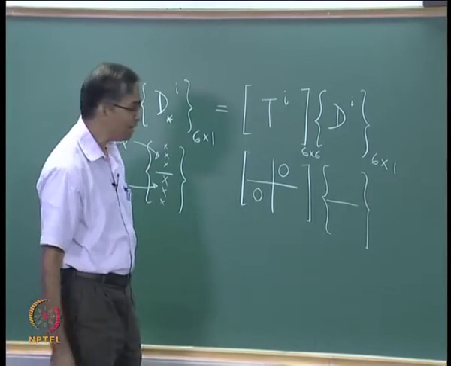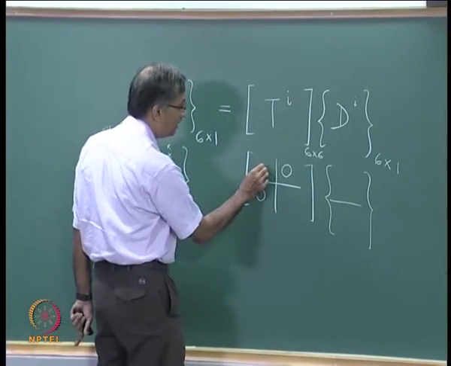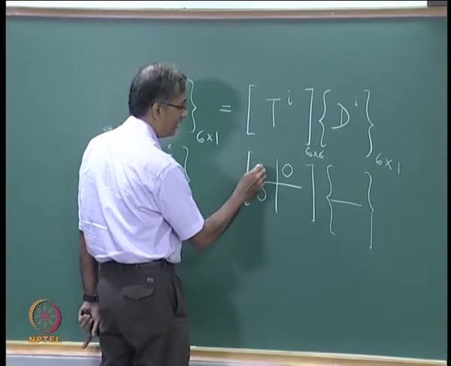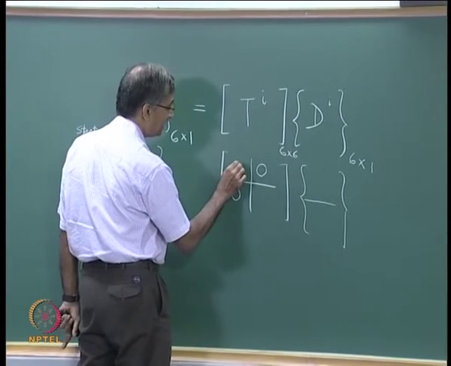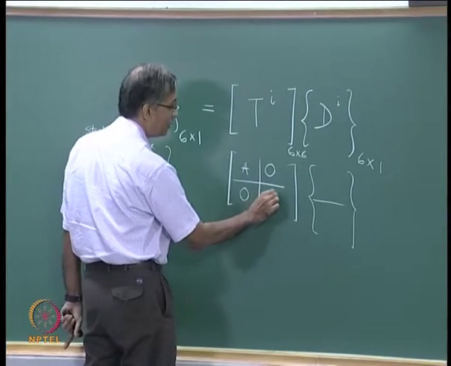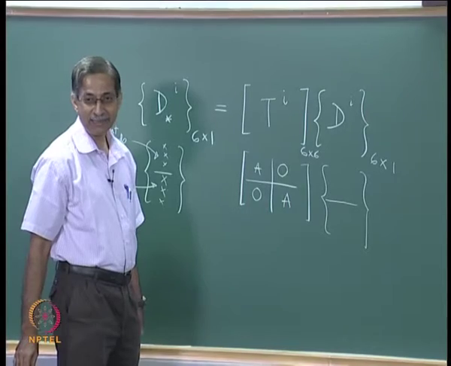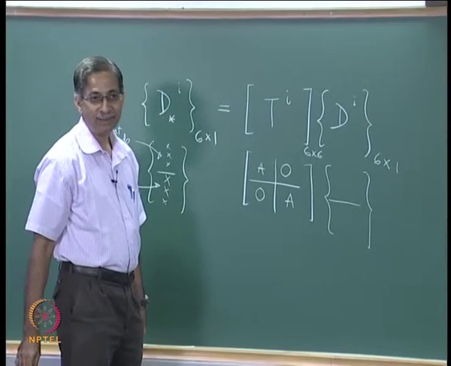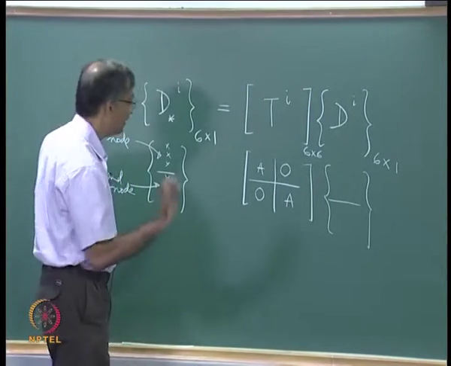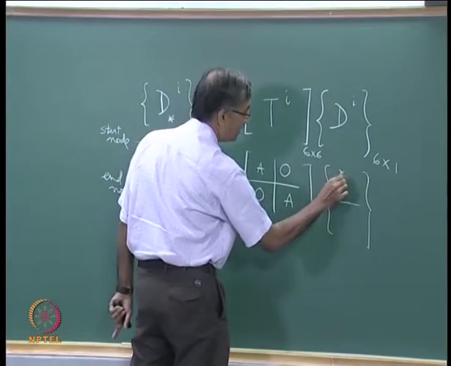right? And whatever relationship you get here, let's say this is A, this will also be A, right? Does it make sense? Okay, let me explain. You got 3 by 3 here.